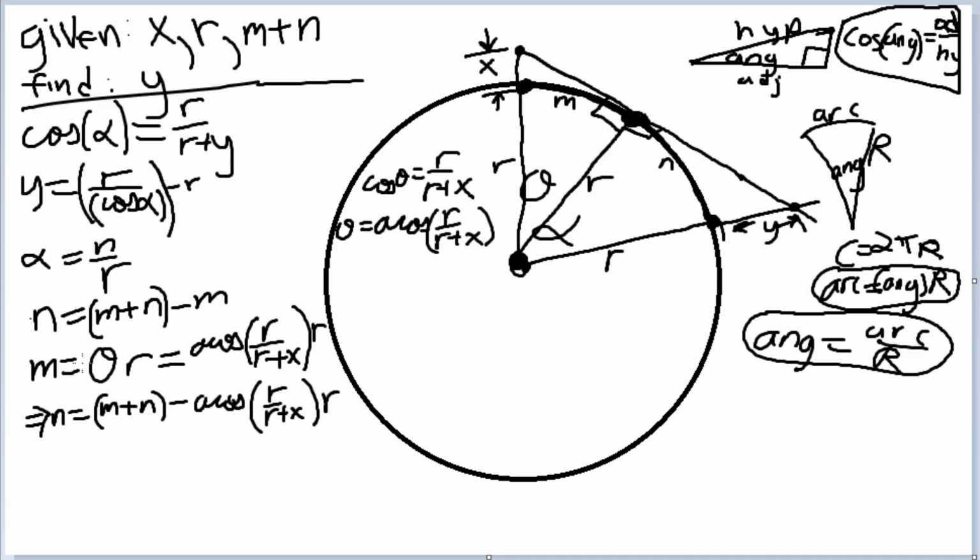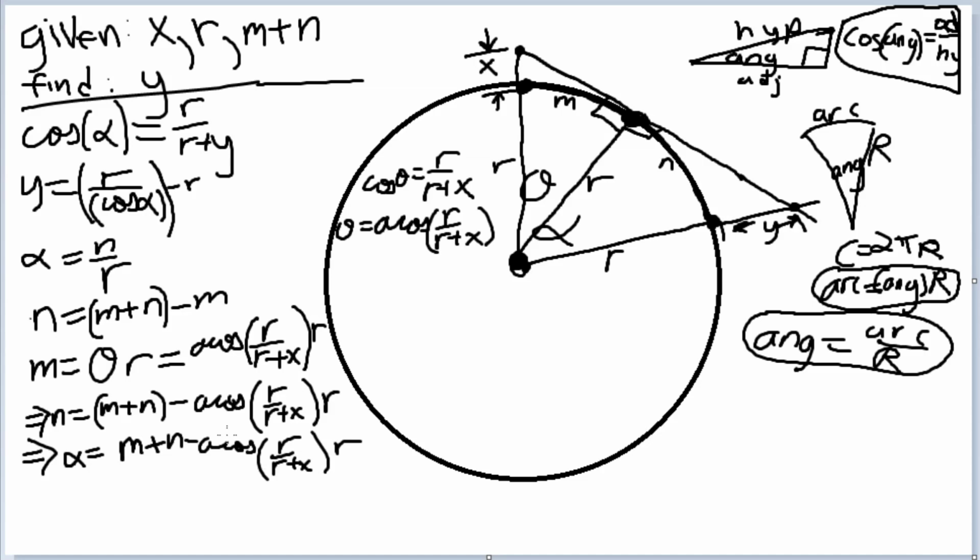Now we're trying to find y, but we're going backwards through our chain, right? Once we got to this step here, theta equals a cos of r over r plus x, we were done, but we just got to tidy it up. So now n equals that. That implies alpha equals, we got to write out this big dirty expression for m plus n minus a cos of r over r plus x, times r, all over r.